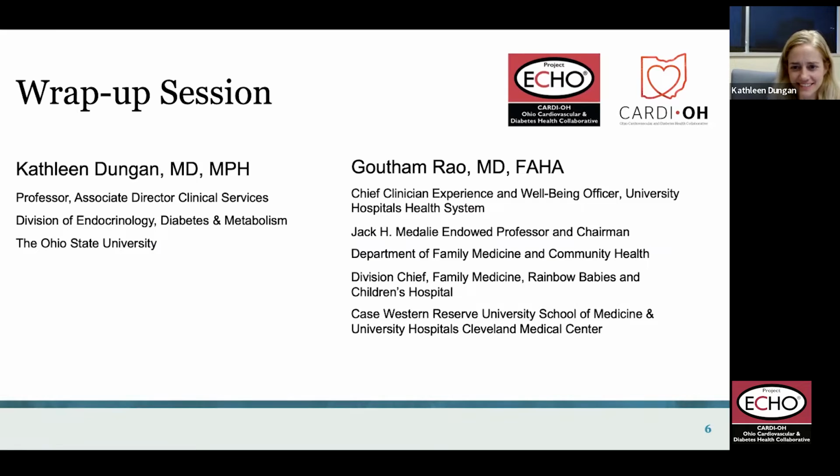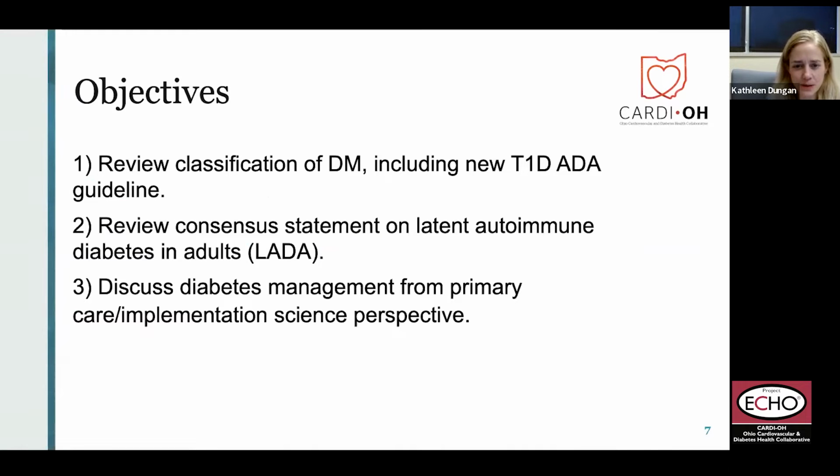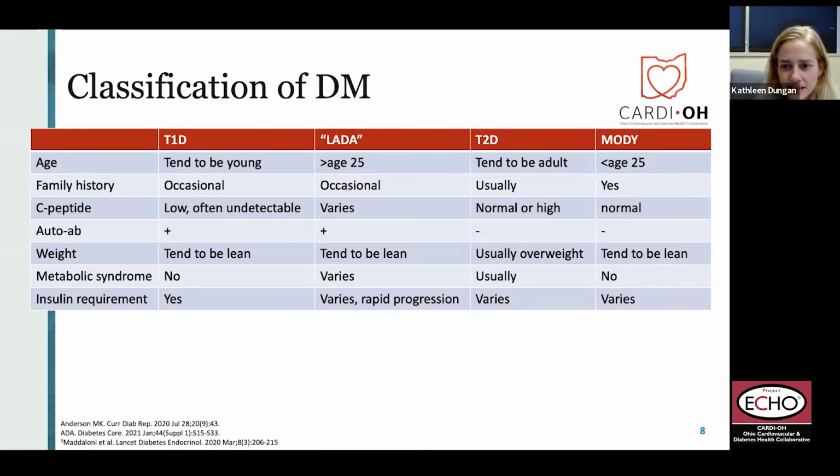All right, we did come up with a few objectives, so you can see those here. So I just wanted to review, first of all, I think everyone knows basically what the difference is between type 1 and type 2 diabetes, but sometimes where it gets a little fuzzy is those in-between zones, which we sometimes call LADA, or latent autoimmune diabetes in the adult. There can be a lot of overlap. And sometimes if you just have suspicion, it's worth going ahead and testing for type 1 diabetes, and we'll talk about what is actually recommended as far as testing.